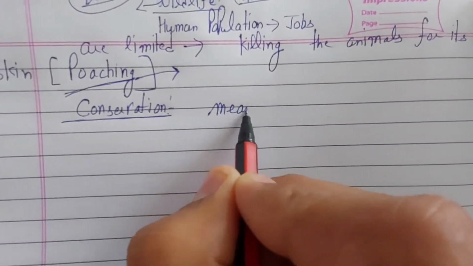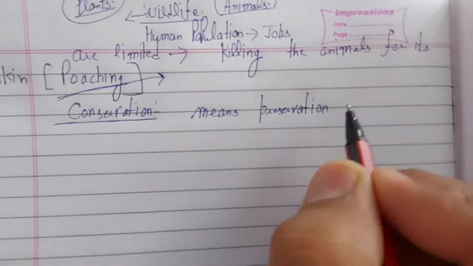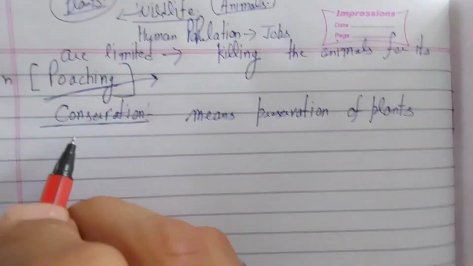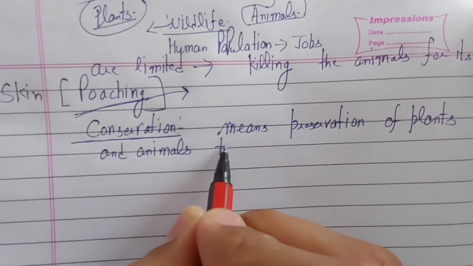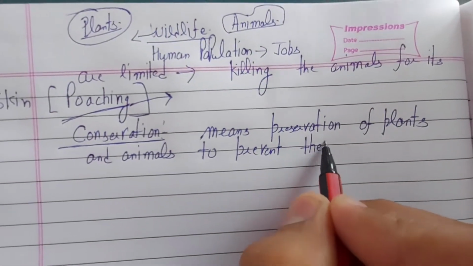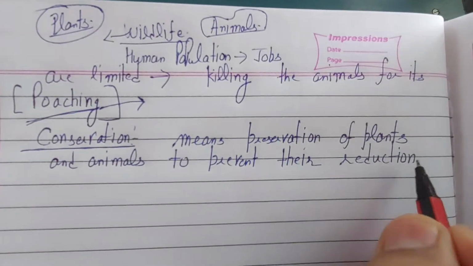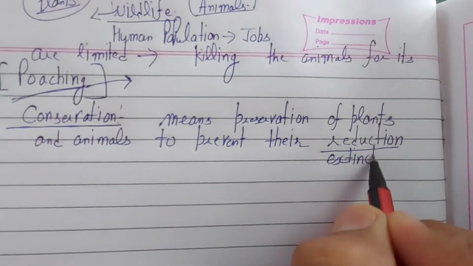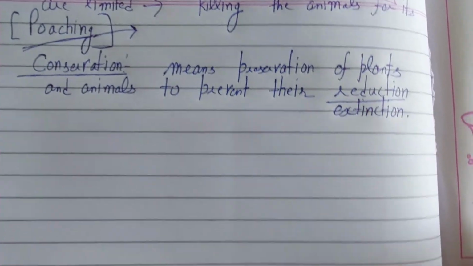Conservation means saving, means preservation of plants and animals to prevent their reduction, to prevent their extinction. Extinction means to get lost, to reduce in number.